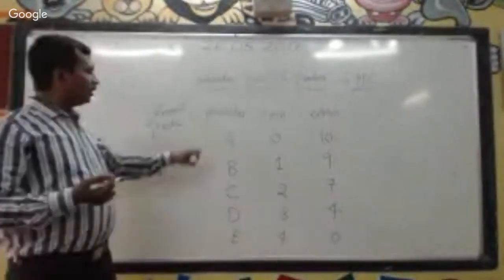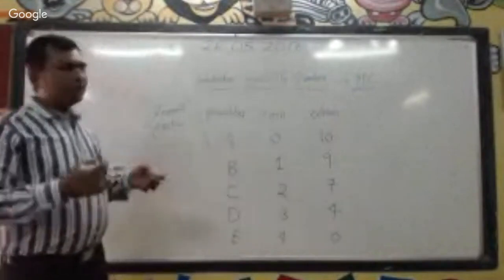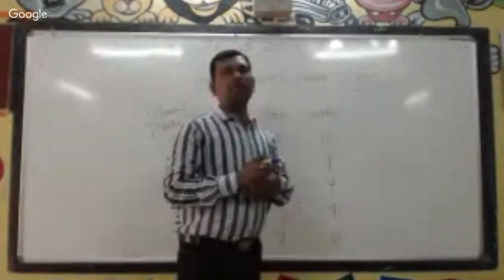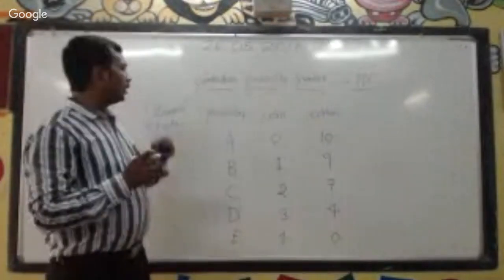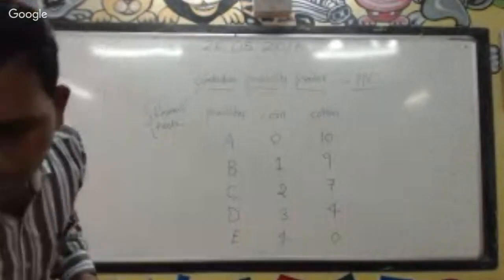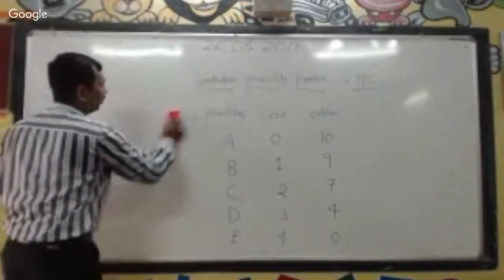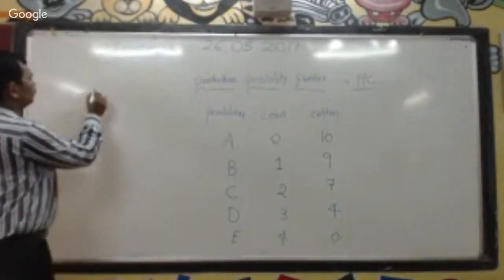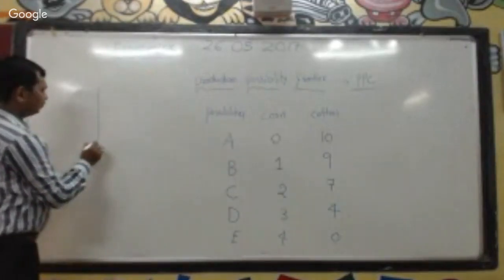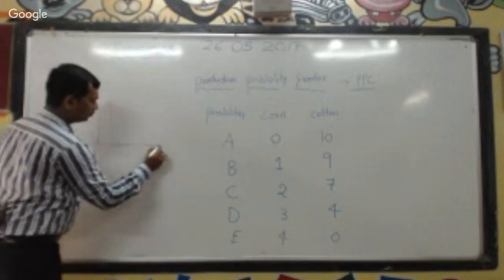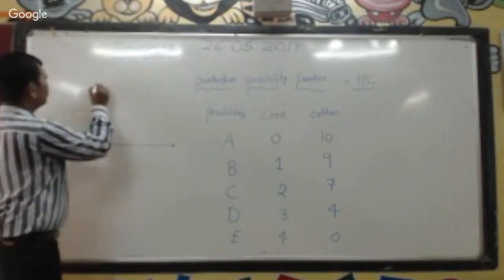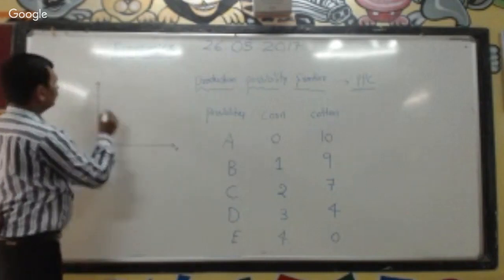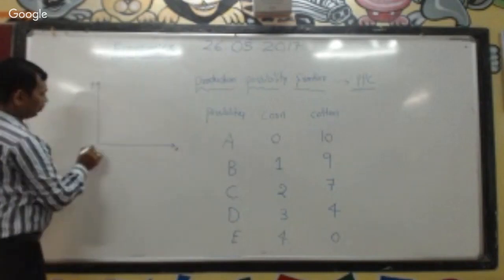With these combinations, we are going to draw the PPC, production possibility curve. So how to draw the curve? We have to take x-axis and y-axis. It's a graph we are taking. X-axis, y-axis, origin.